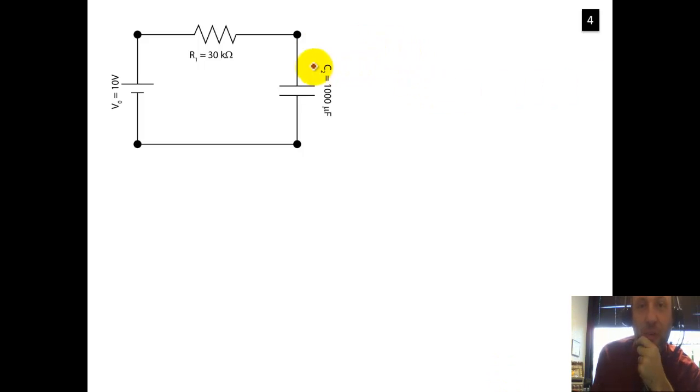I said you're not going to really need to know the equations that govern capacitors, but there is one in your homework, and I just wanted to make sure that you understand what qualitatively happens with a capacitor.